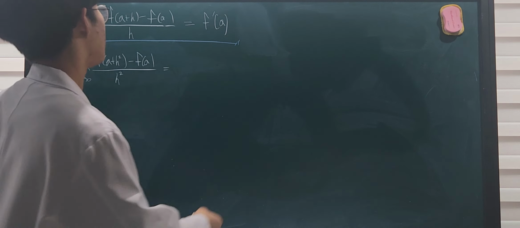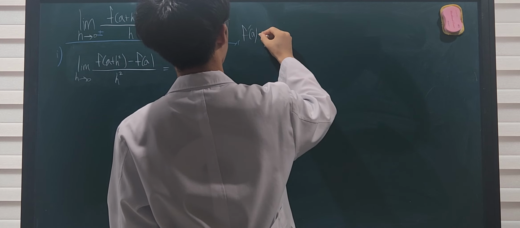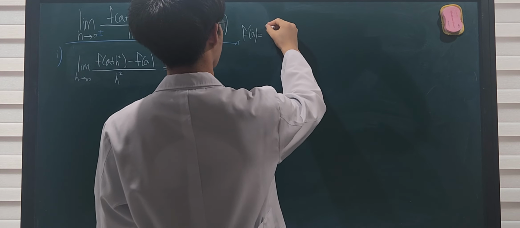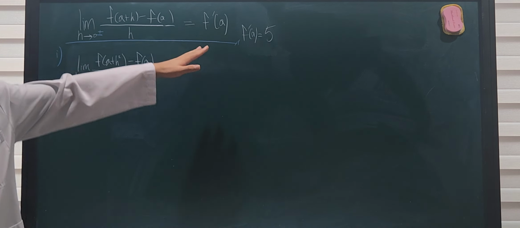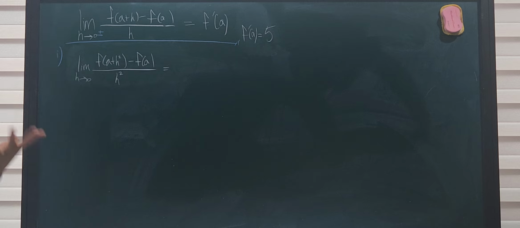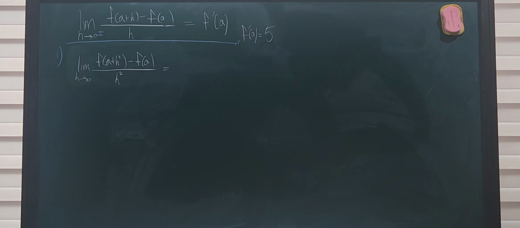I will give the general premise that f prime a, if it exists, is equal to 5. Okay, and you were told to solve this limit equation. What kind of value will you get?